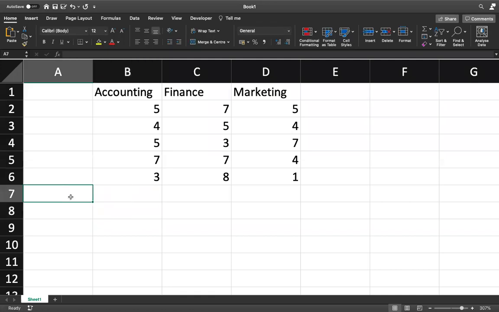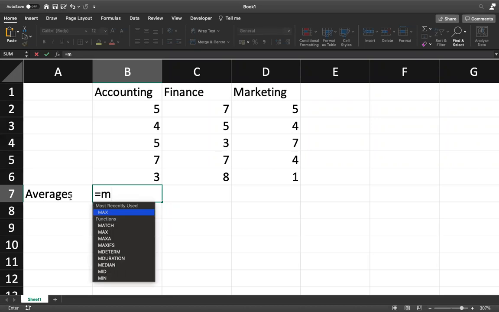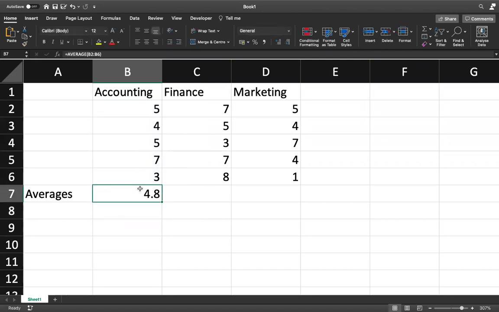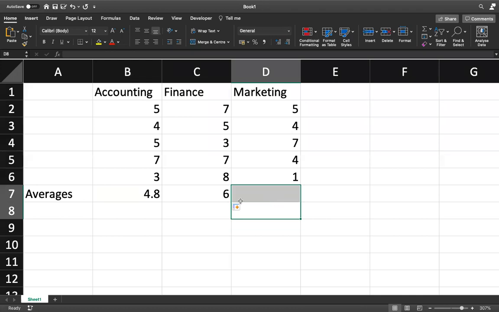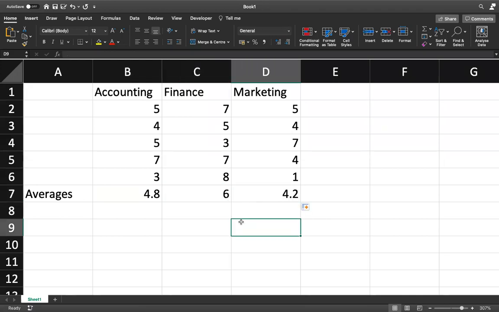I can calculate the mean for accounting, the average for finance, and the average for marketing.